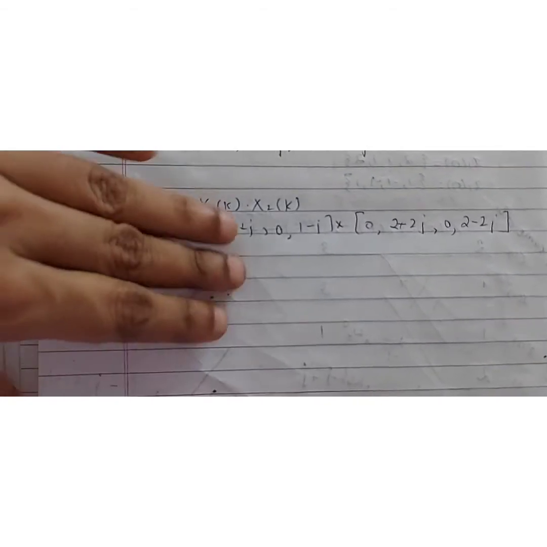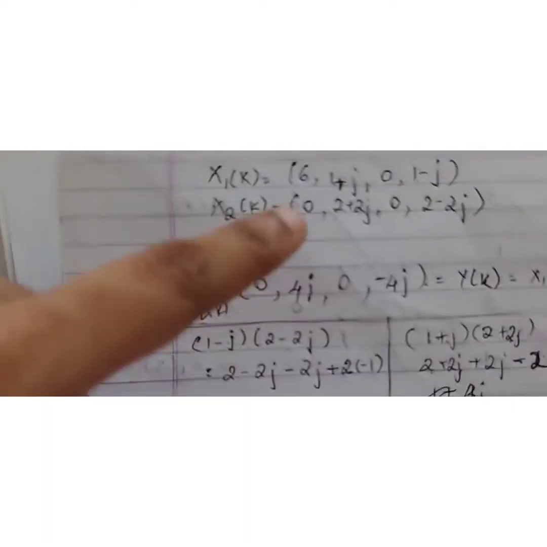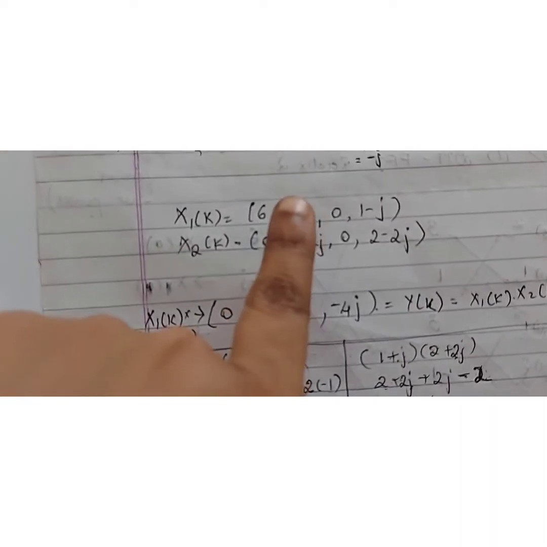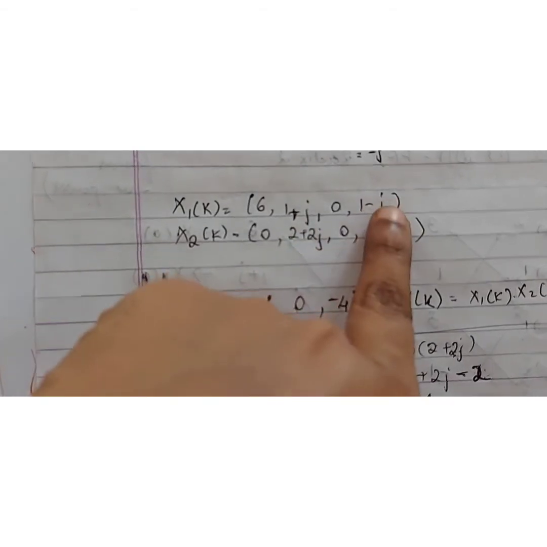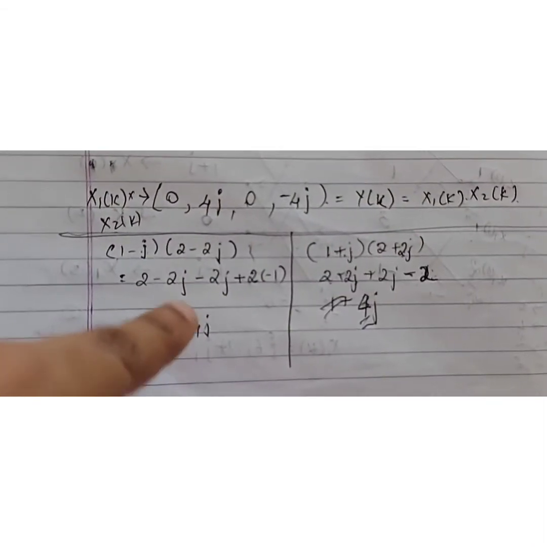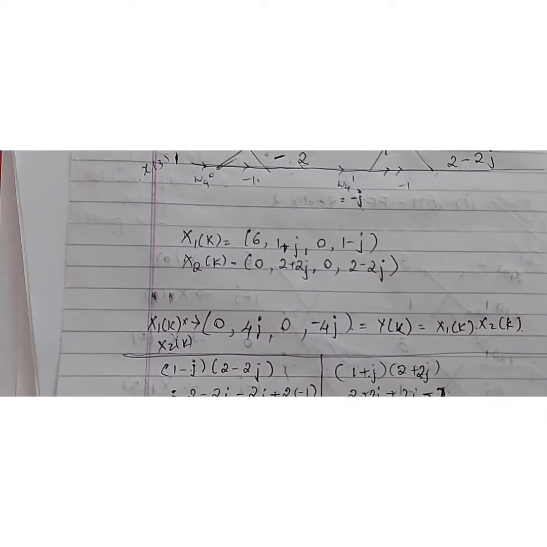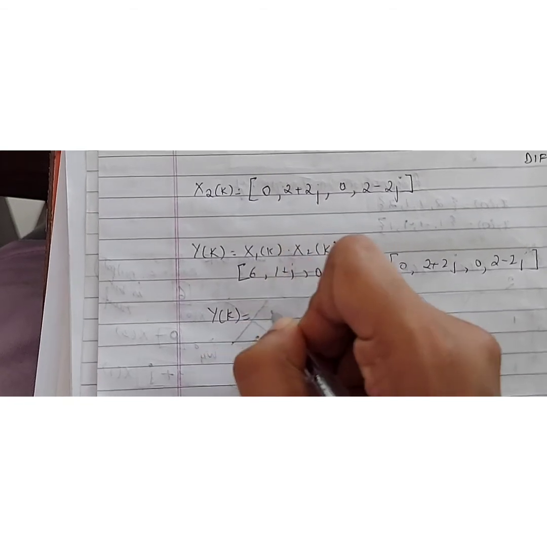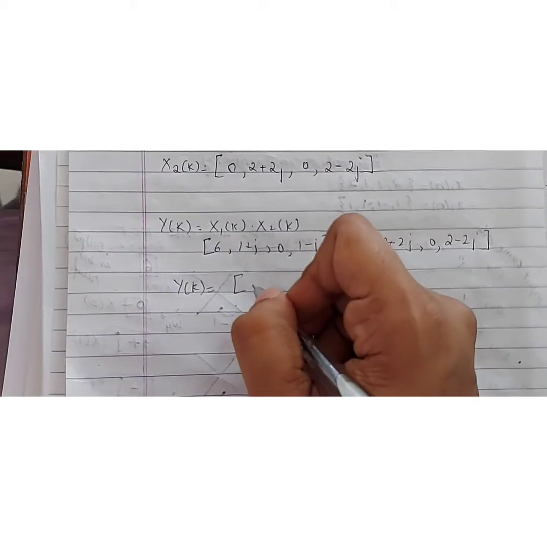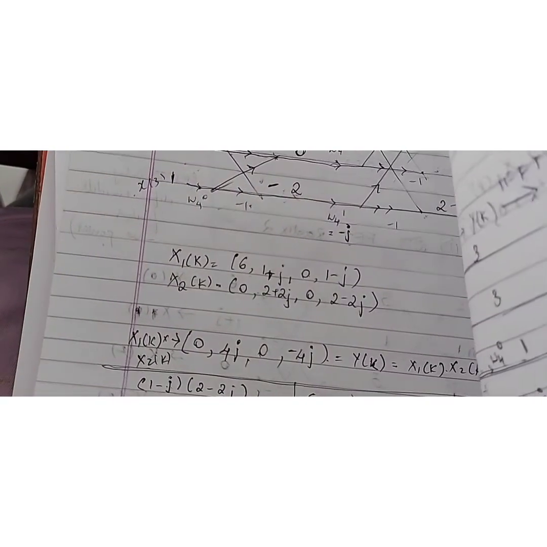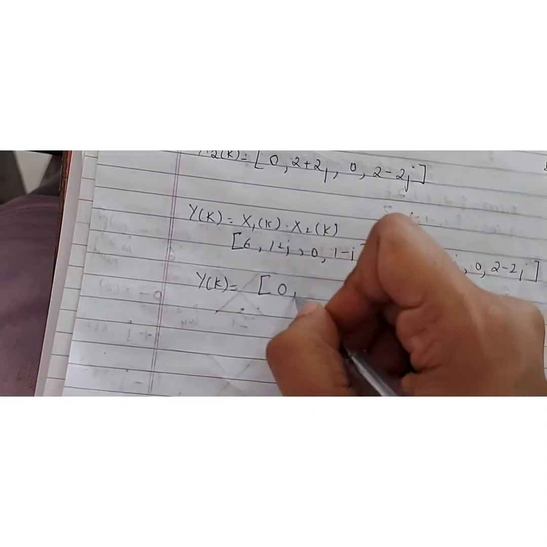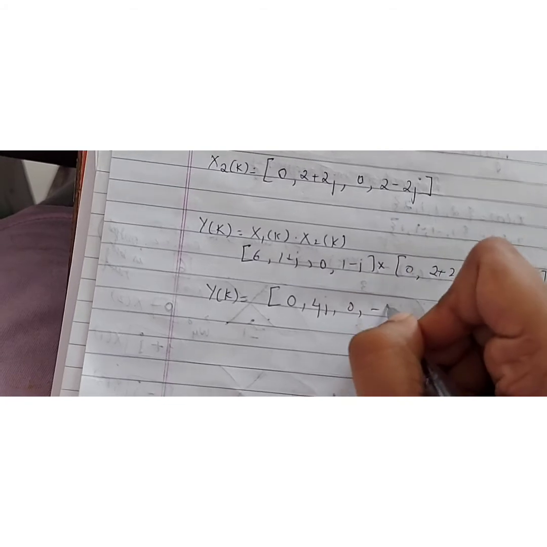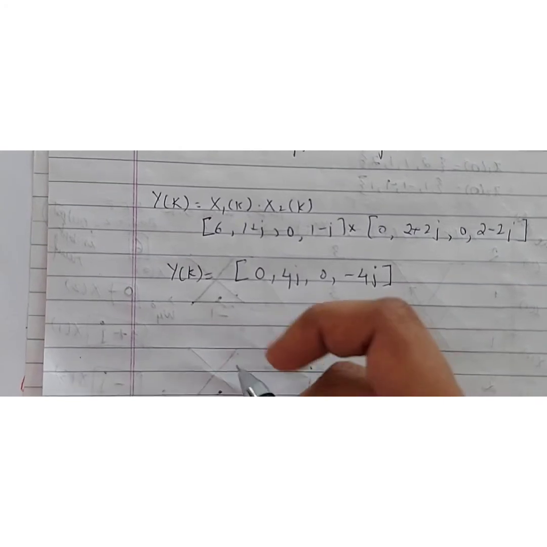We had done it, multiplication of these element by element. 1 plus j into 2 plus 2j and 1 minus j into 2 minus 2j we had solved. So your y of k answer remains the same. If you multiply this, you're going to get 0, 4j, 0, minus 4j. Okay, you got this.